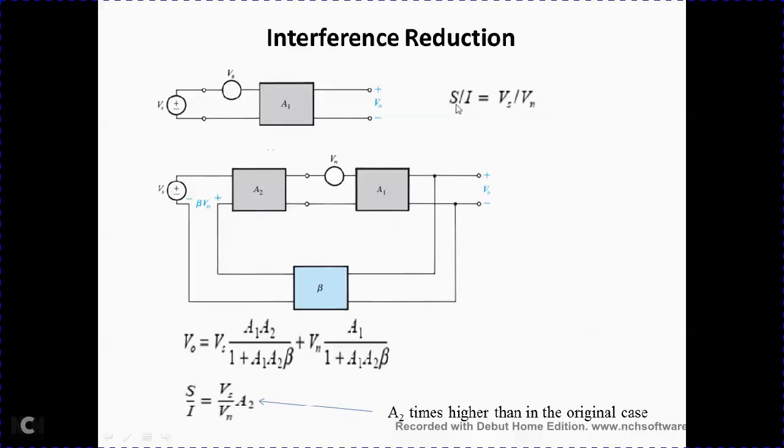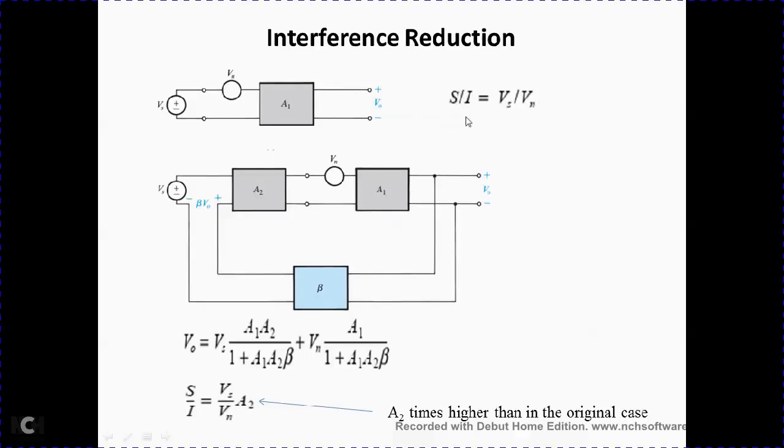Okay, this is the parameter by which one can measure the performance of the system in terms of its interference, that is, how well the system removes interference. A better system removes the interference.